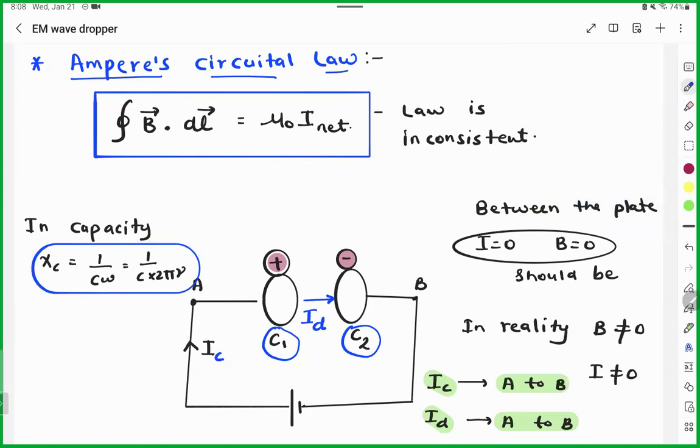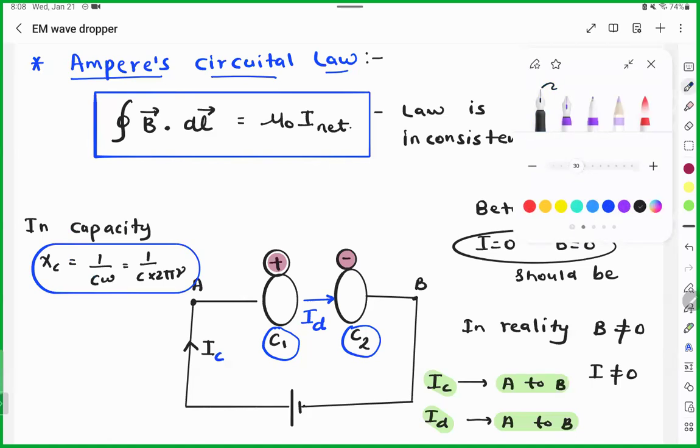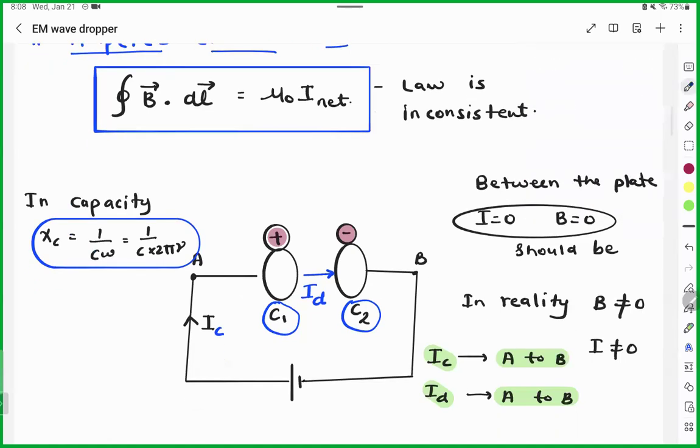Then X_C is inversely proportional to nu, and you know the displacement current will be inversely proportional to X_C.